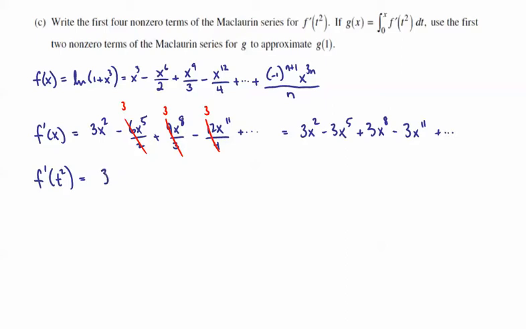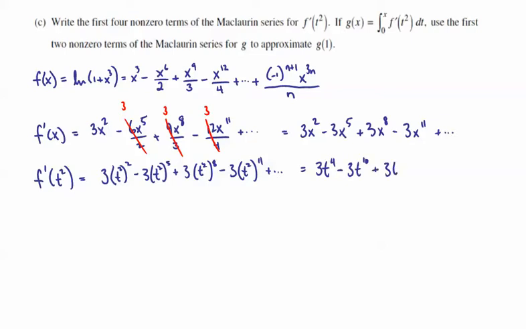And so that would look like 3t squared to the 2nd minus 3t squared to the 5th plus 3t squared to the 8th minus 3t squared to the 11th, and that is equal to 3t to the 4th minus 3t to the 10th plus 3t to the 16th minus 3t to the 22nd.